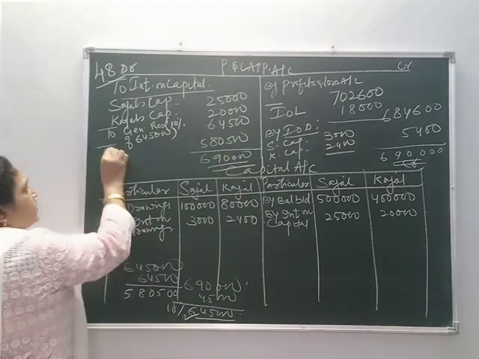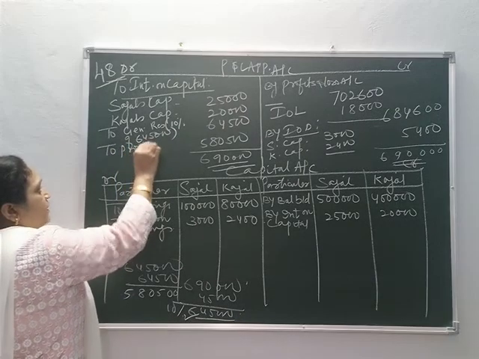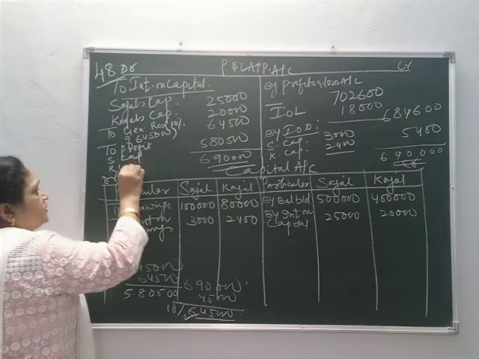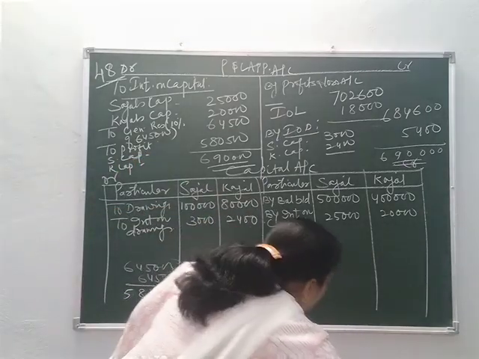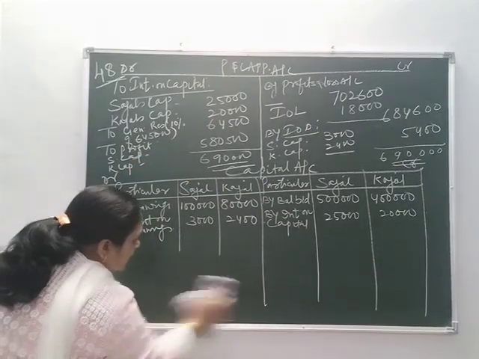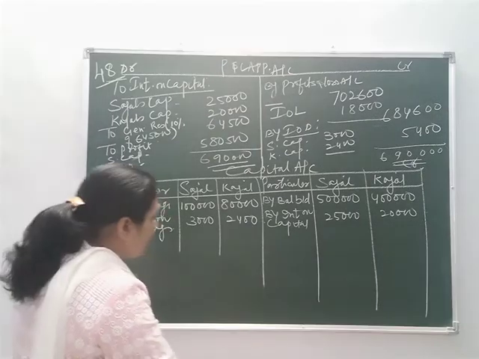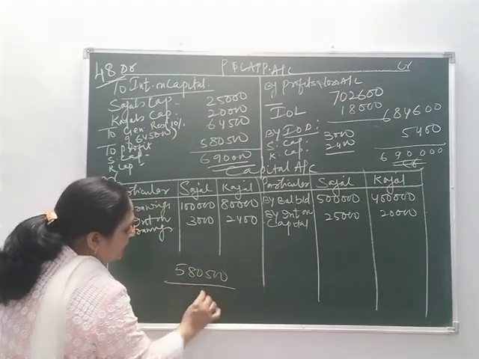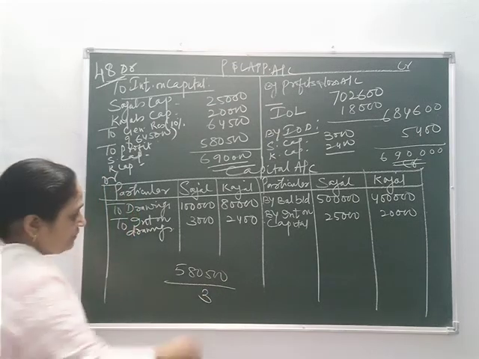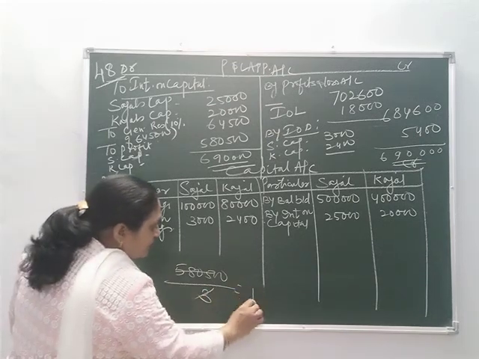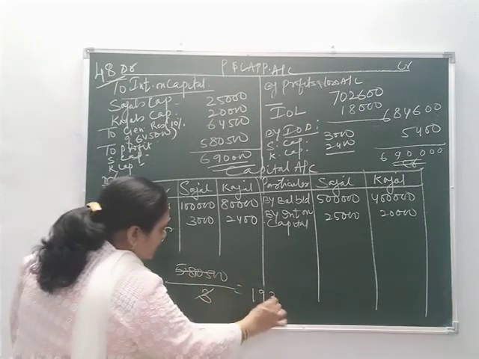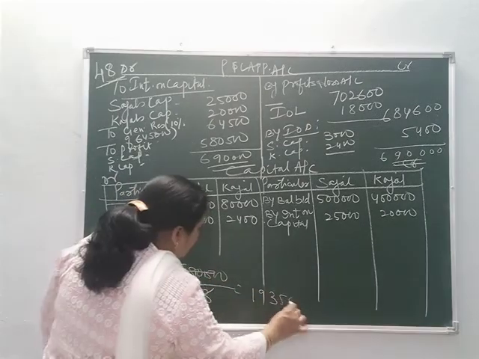5,80,500 is your divisible profit, which you will divide in Sajal's capital and Kajal's capital in the ratio 2:1. So 5,80,500, we are dividing it by 3. 3 ones are 3, 3 nines are 27, 3 threes are 9, 3 fives are 15.